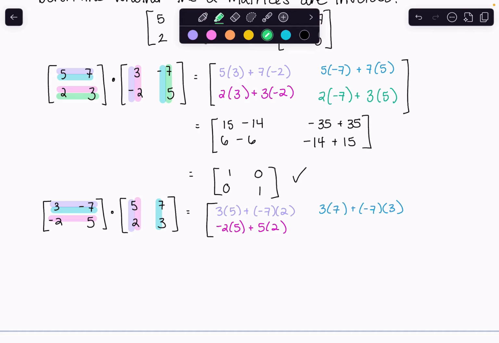And then finally, second row, second column. So -2 times 7 plus 5 times 3.